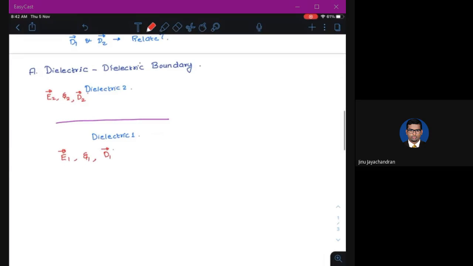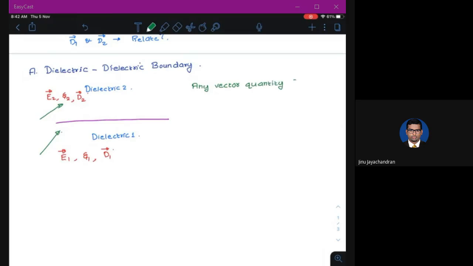So the electric field direction in the first medium might be something like this. And similarly, the electric field direction in the second medium will be something like this. We don't know, some direction. But whatever be the direction, electric field is a vector quantity.